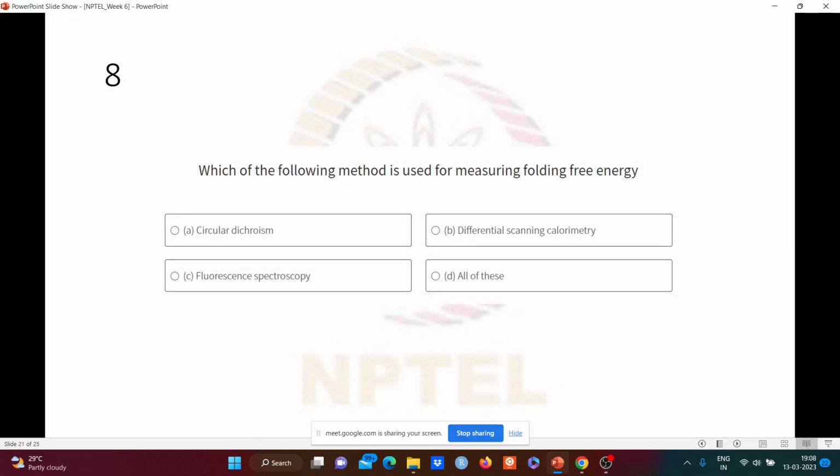Next is: which of the following methods is used for measuring folding free energies?